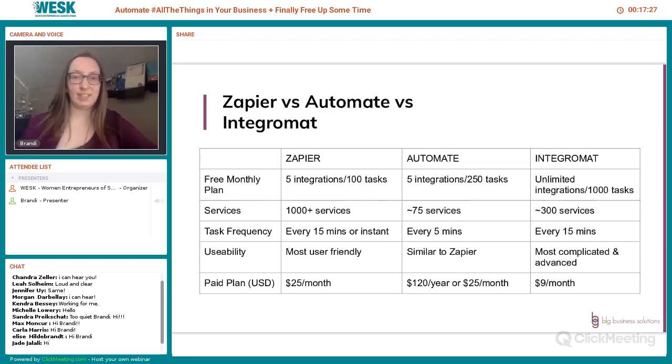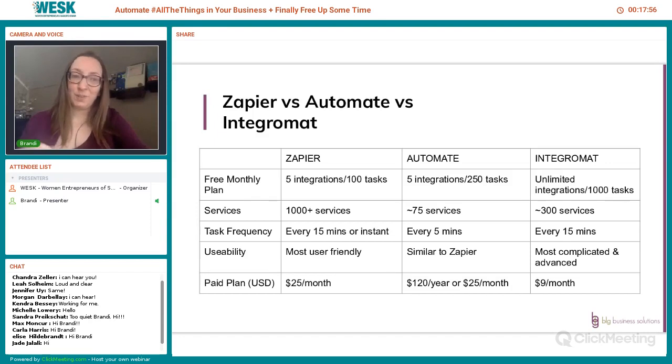So instead of focusing on trying to match 1,000+ services, they're trying to fill in the gaps of the things that Zapier can't do yet. And you can get really, really complicated and advanced integrations with them. It's just that I wouldn't suggest starting with Integromat, but I do want to show you guys how it works.